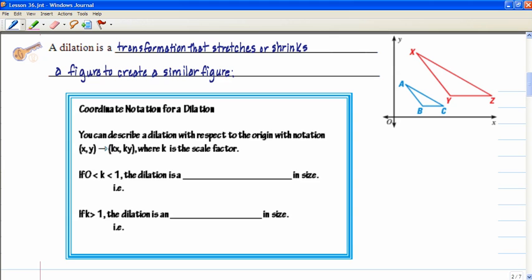Obviously, triangle ABC is much smaller than triangle XYZ. However, if we were to measure, we'd find that angle A is the same size as angle X, angle B is the same size as angle Y, and angle C is the same size as angle Z. So their angles are all congruent, but their sides obviously aren't.